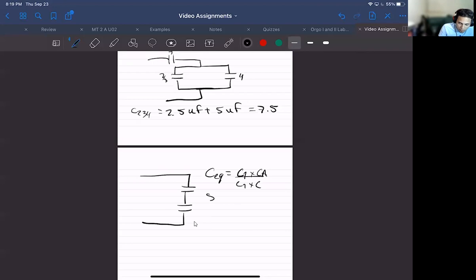So the equivalent capacitance would be 5 times the other value, which would be 7.5. We go ahead and write it right here: 5 times 7.5 divided by 5 plus 7.5. And if we do the math, that's going to give us 3 microfarads.